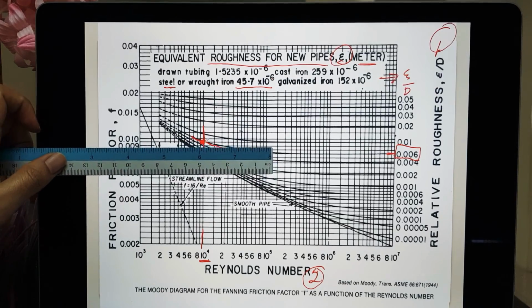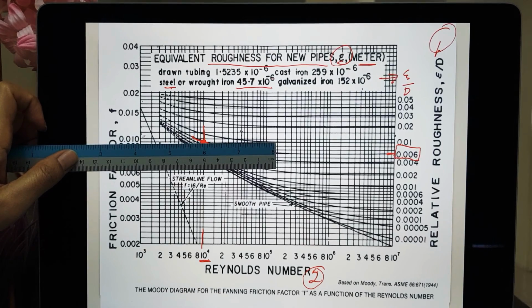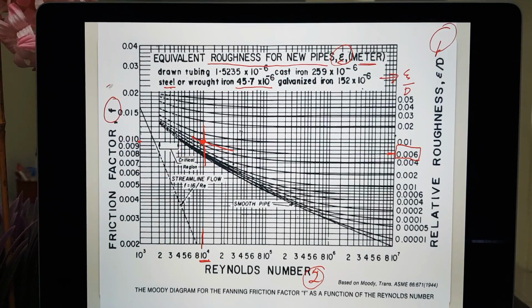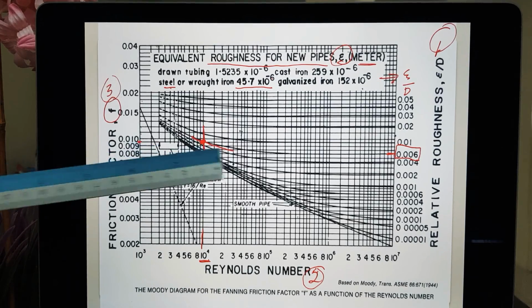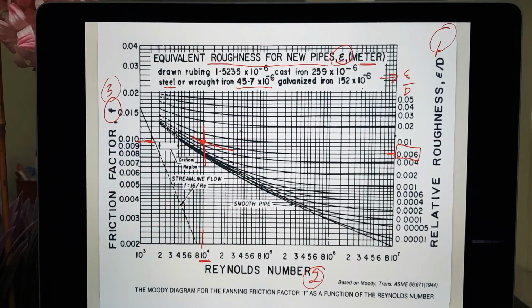Okay, and then when you find this intercept point, what you need to do is draw the line and get the value of this F. This is the third step in order for you to read the Moody diagram. Can you see that this line, the intercept line between Reynolds number and relative roughness, is located in between 0.009 and 0.01.